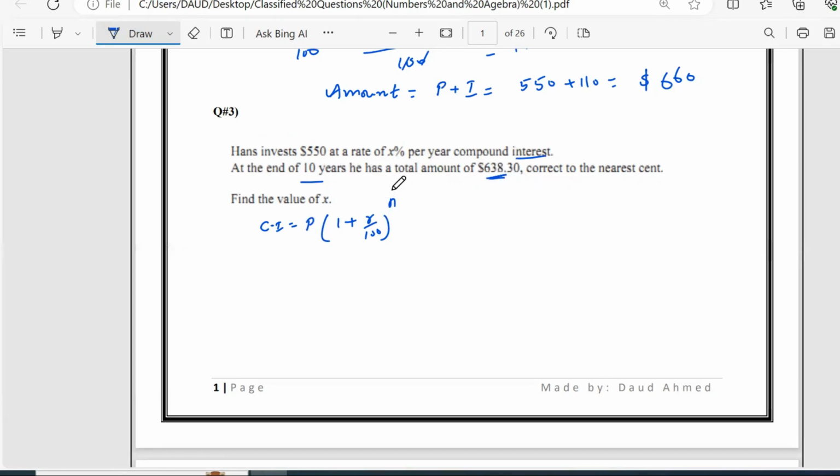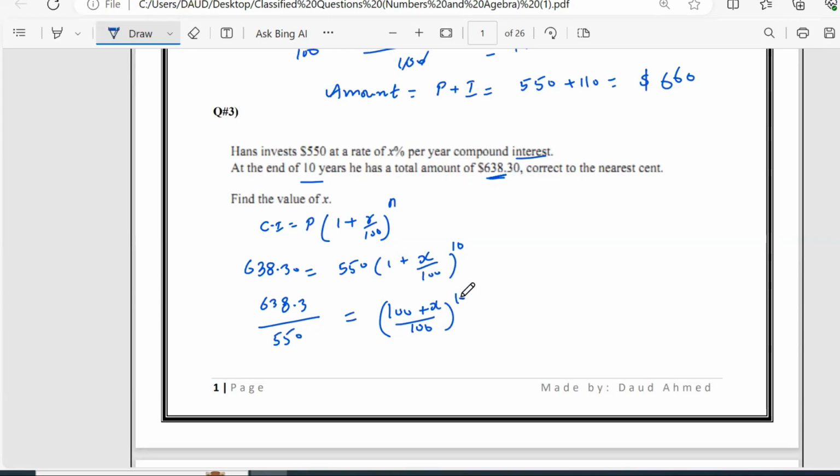Here the total amount we know after 10 years is 638.30, and the principal amount is 550, plus R we don't know, x over 100, and the number of years is 10. Next step, we can say that 638.3 over 550 is equal to (100 + x over 100) whole power 10.